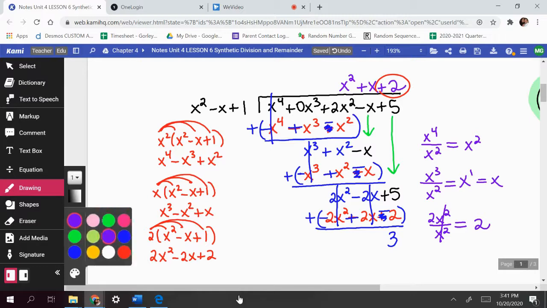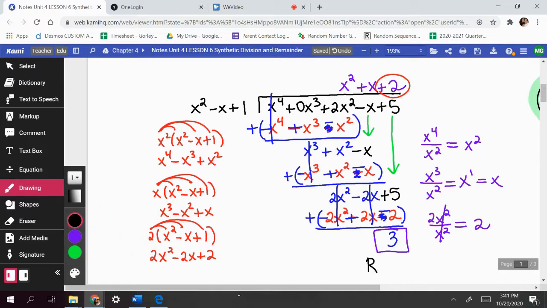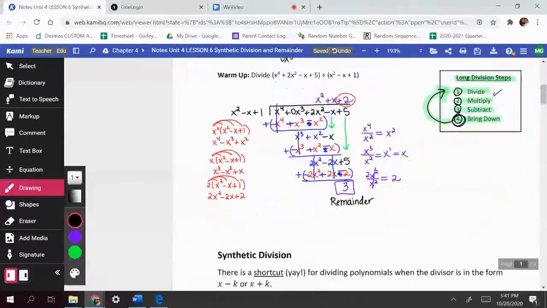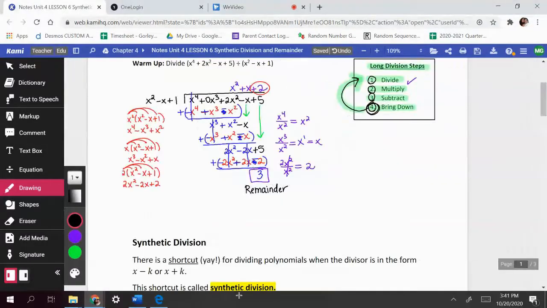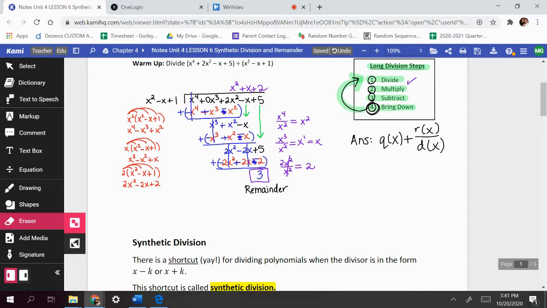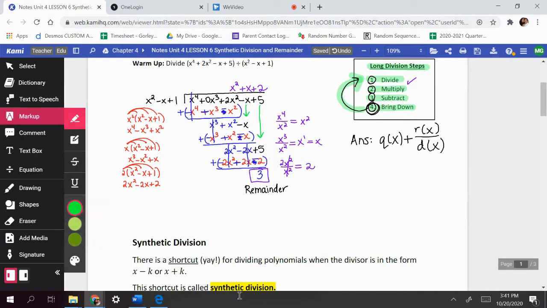Okay, so what is this? 3. 3 is going to be the remainder. Right? And remember, to write my answer, I always write my answer as quotient plus remainder over divisor. So my quotient was this, the x squared plus x plus 2.